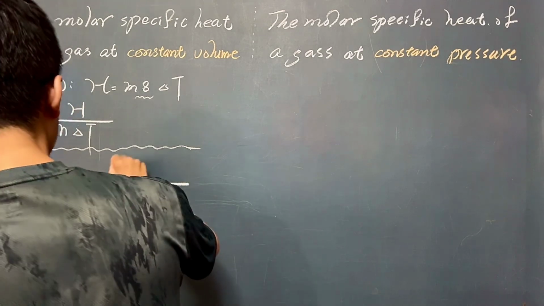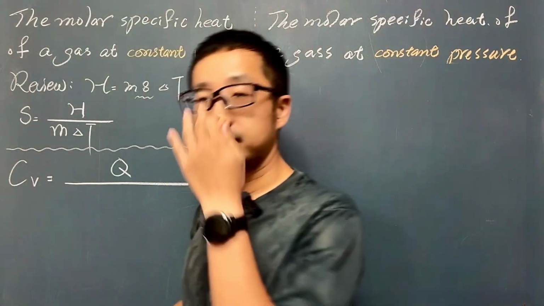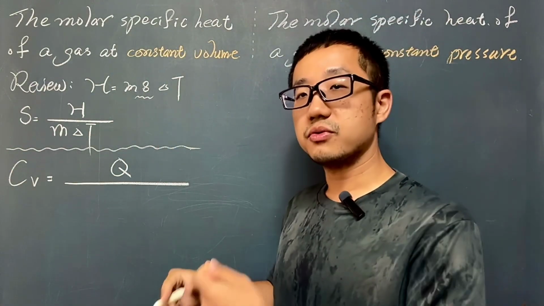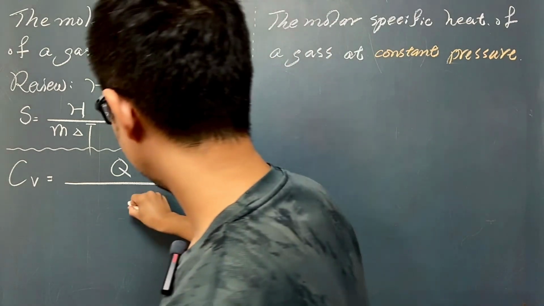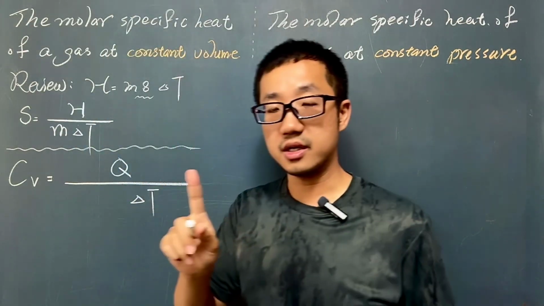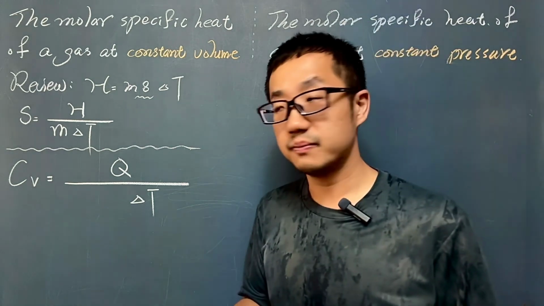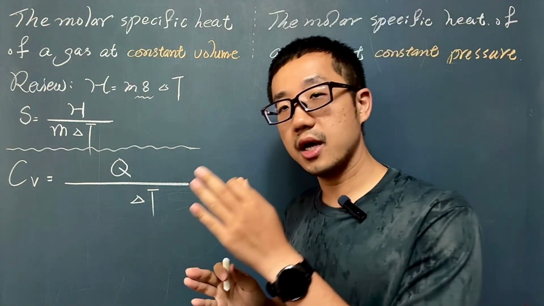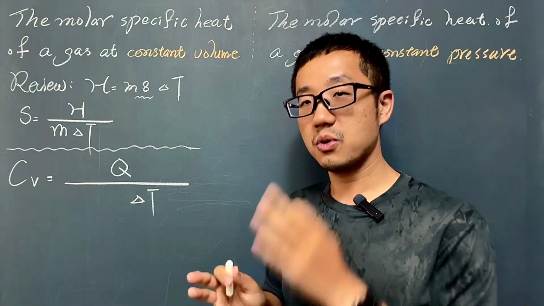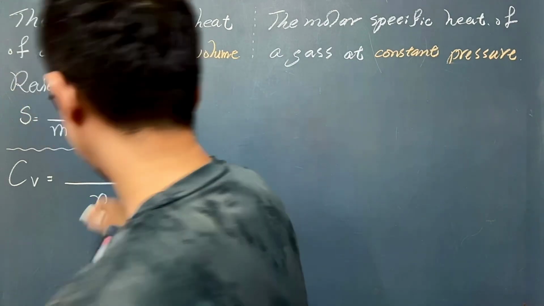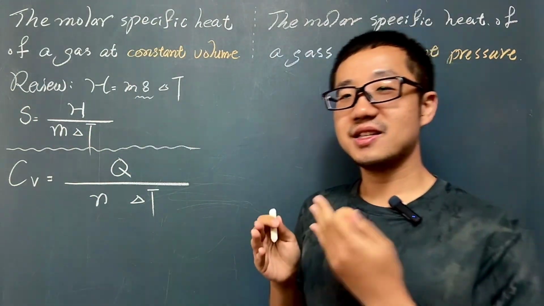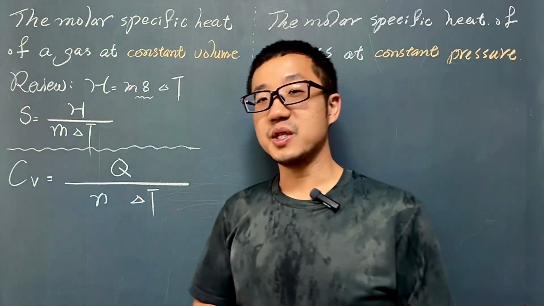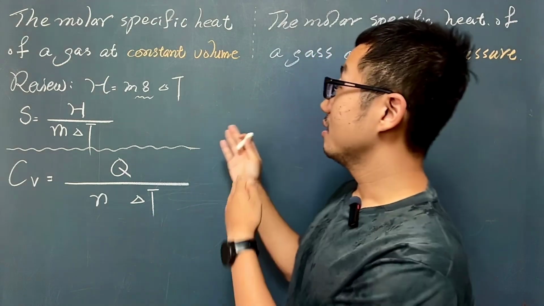That is the energy required to raise the temperature by 1 degree Celsius or 1 Kelvin for a unit number of gas, for 1 mole of gas. So this is the definition for molar specific heat at constant volume.